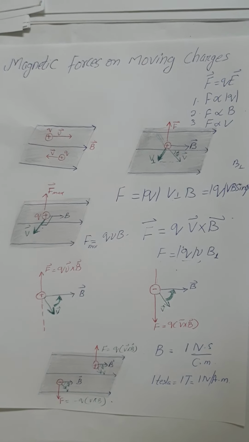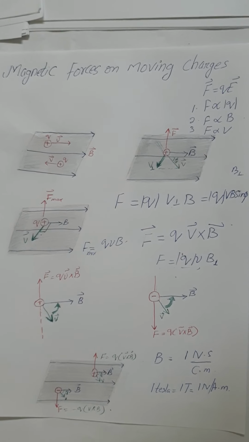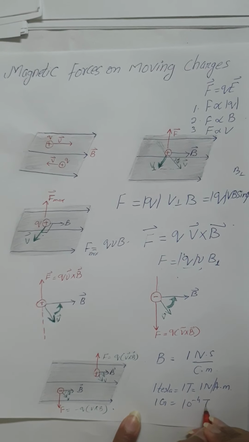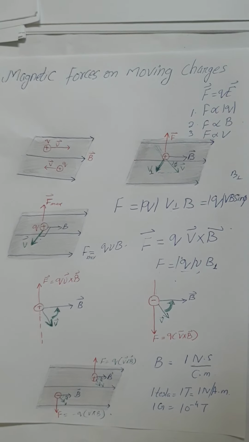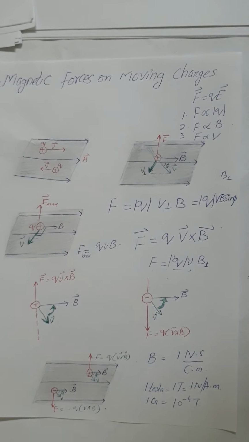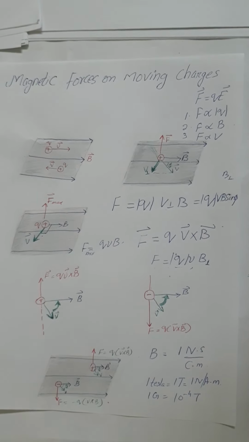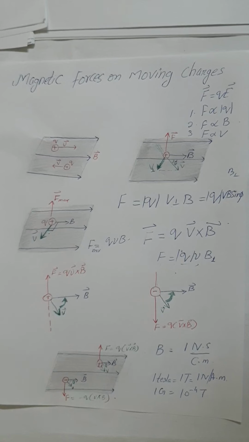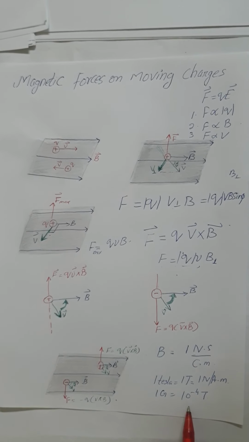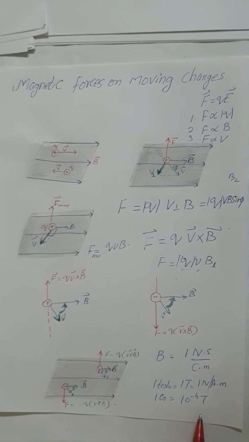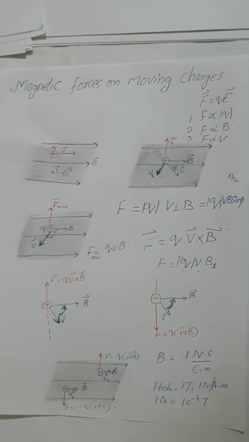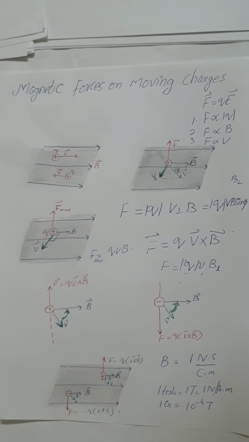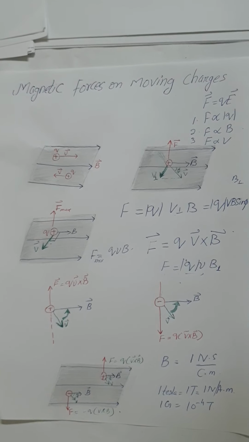And another unit of magnetic field which is widely used is Gauss, and 1 Gauss is equal to 10 raised to power minus 4 Tesla. Instruments mostly used for measuring magnetic fields are also called Gauss meters, and the magnetic field of the Earth is of the order of 10 raised to power minus 4 Tesla, or 1 Gauss. Magnetic fields of the order of 10 Tesla occur in the interior of atoms and are important in the analysis of atomic spectra.